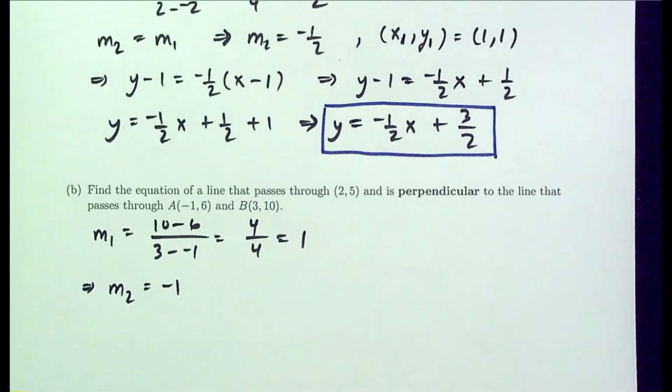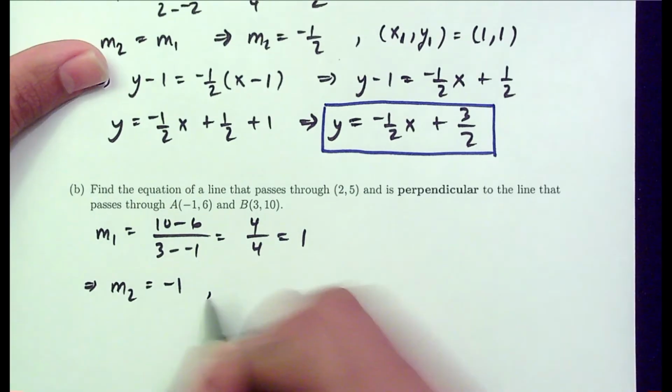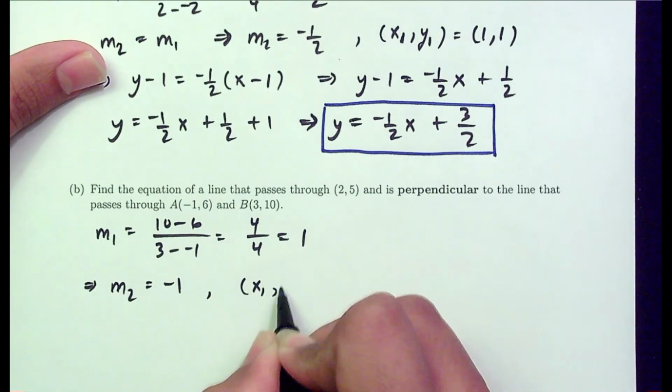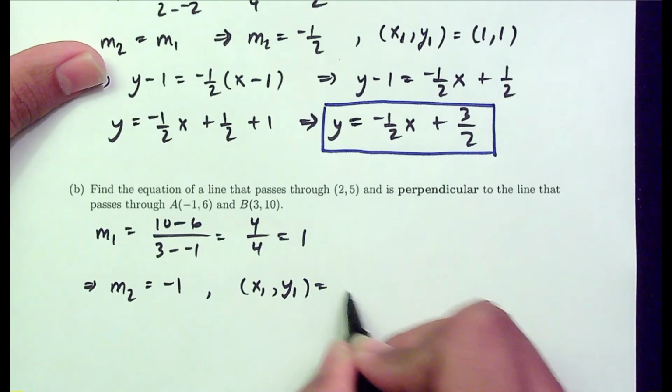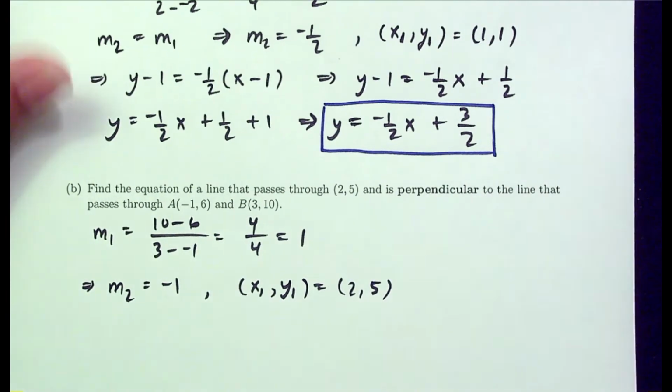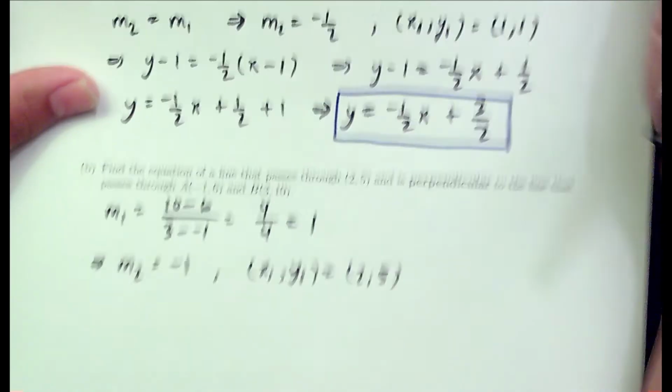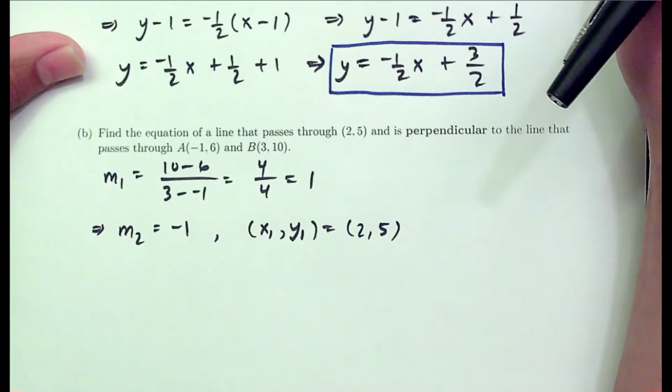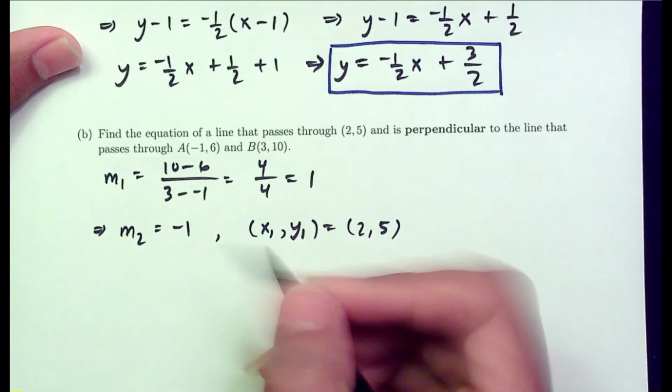Alright, so now we have the slope of the line we're interested in, and we have a point. They're telling us the point the line passes through is 2, 5. So that's our x1, y1, and now using the formula, we can write down immediately the equation of the line.